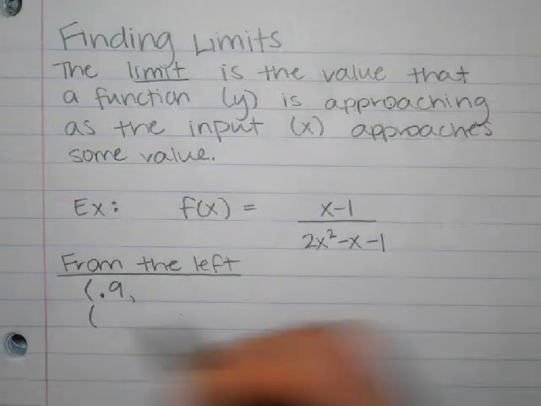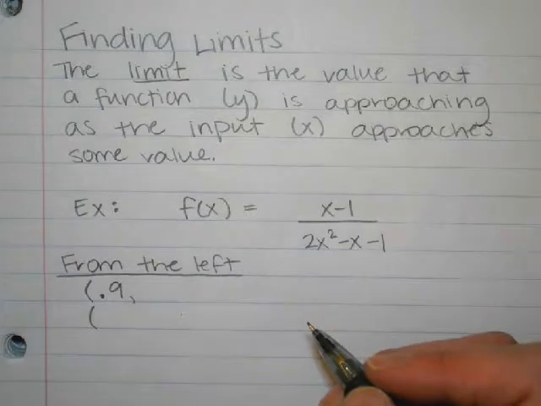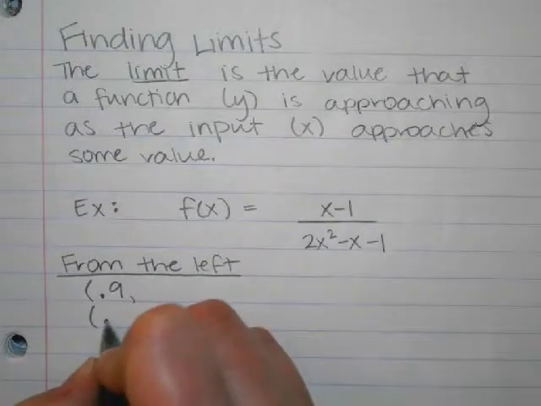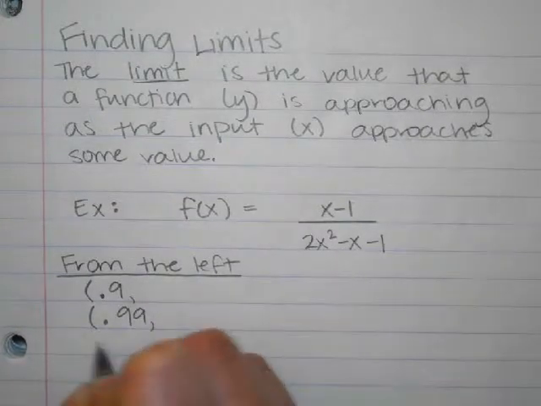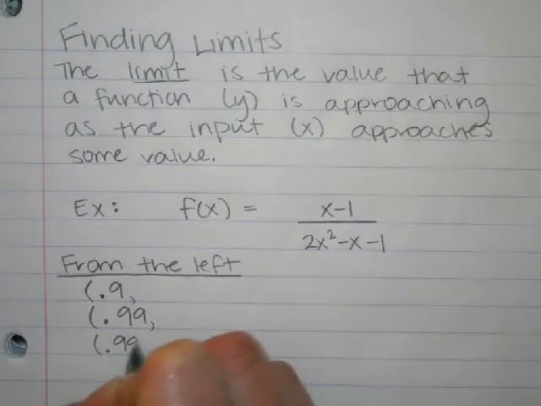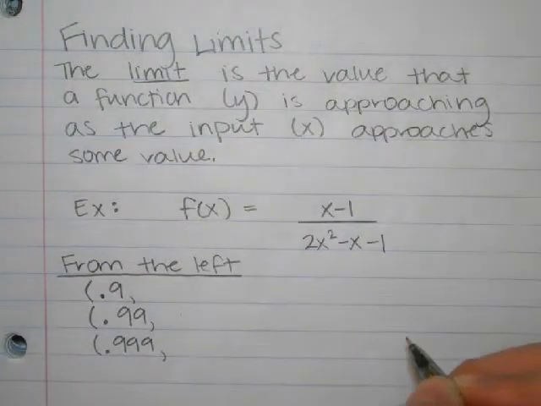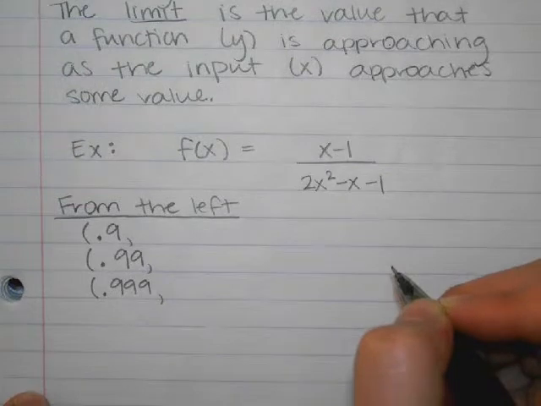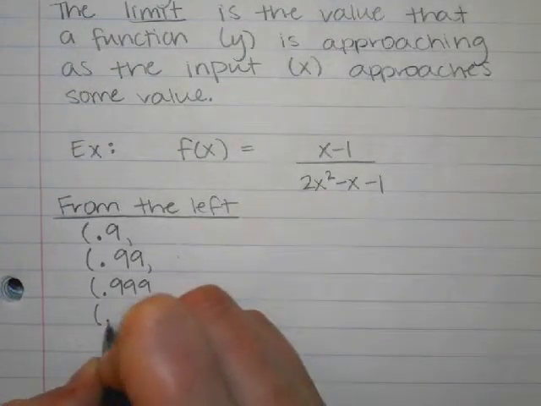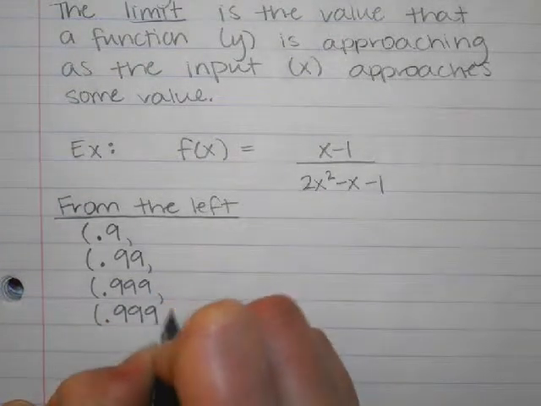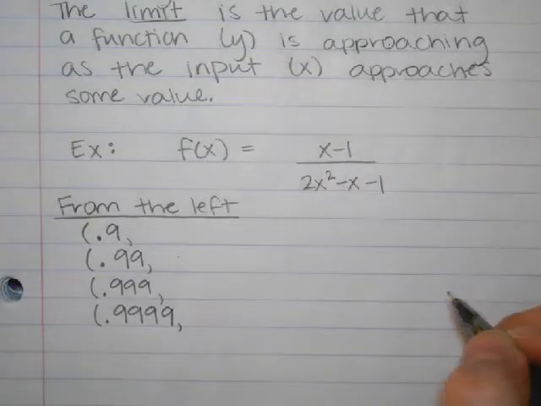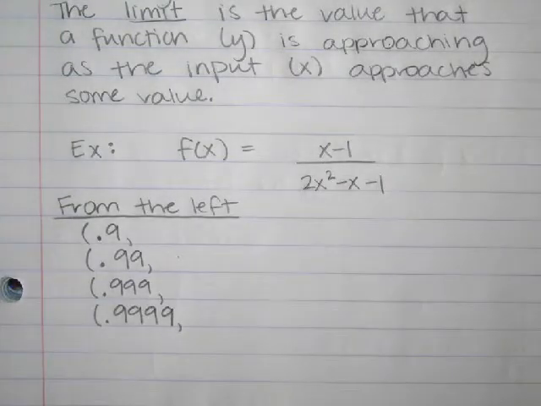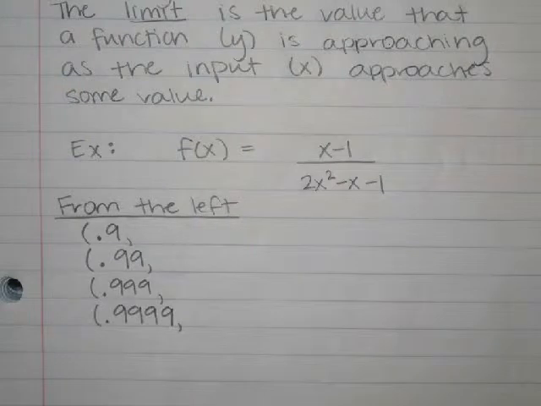A number to the left of 1 but a little bit closer would be 0.99. 0.999 would still be to the left, but even closer. So all I'm doing is picking decimal numbers that are to the left of 1. They're slightly smaller than 1, but getting closer and closer to 1.